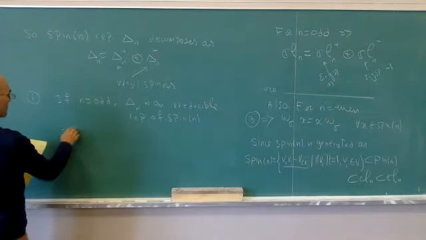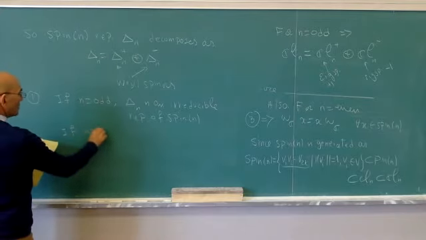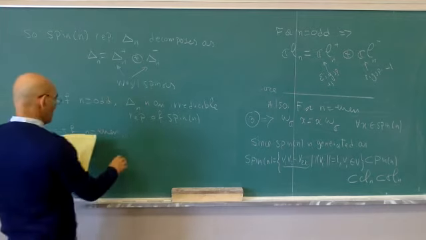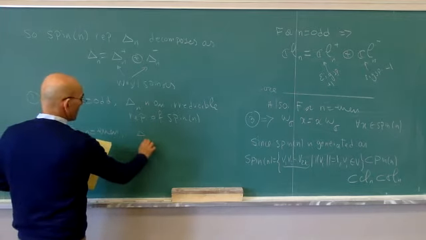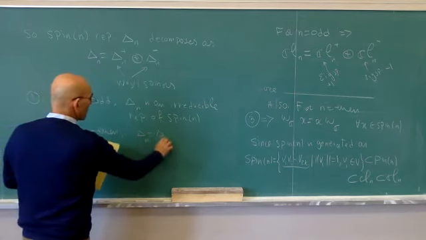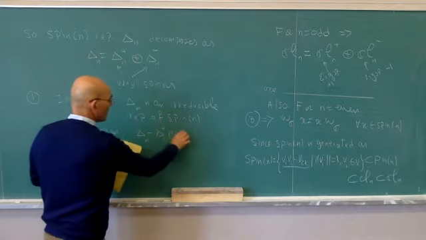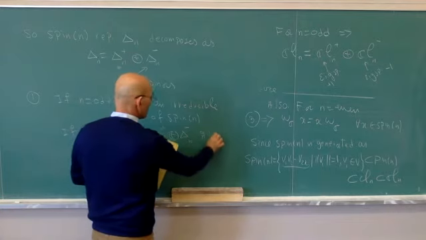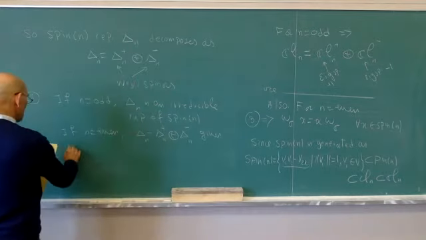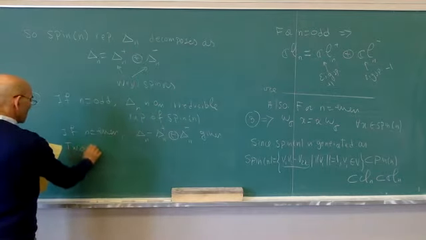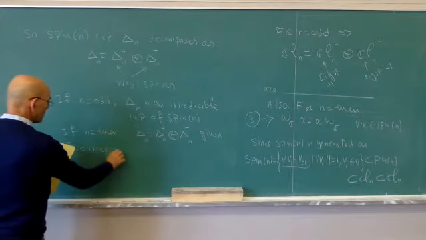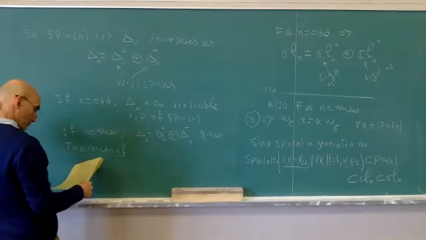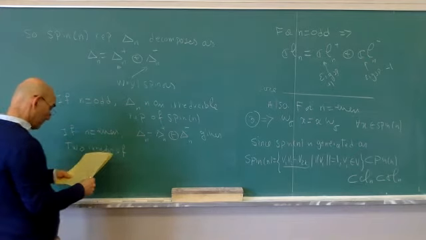And if n is even, delta n equals delta n plus direct sum delta n minus, gives 2 irreducible representations of Spin.